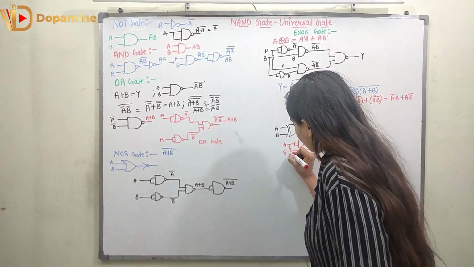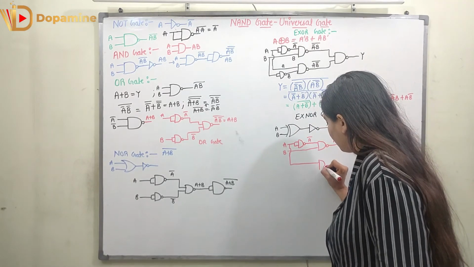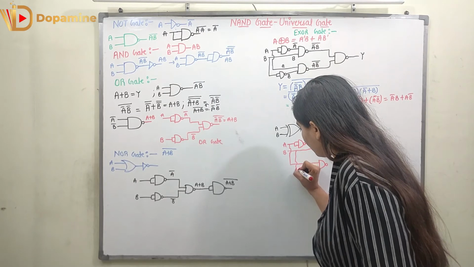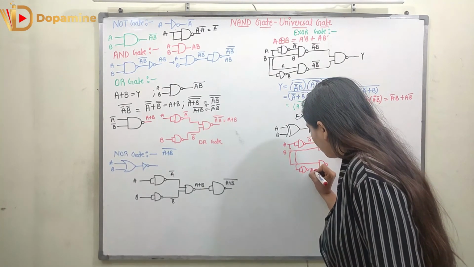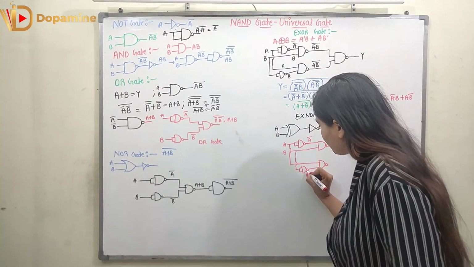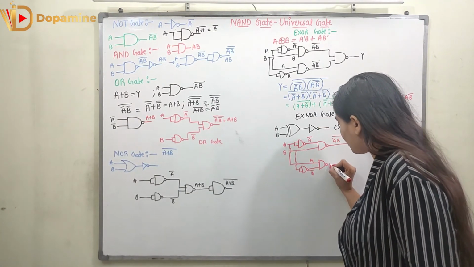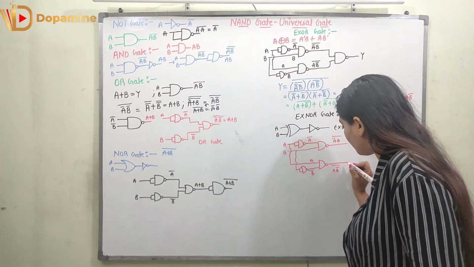Now here I will take A from here and I will supply it to another NAND gate. I will take B also from here. I will supply it to the NOT gate formed with the NAND gate. I have taken the B complement and A over here, so I will get A B bar whole bar.